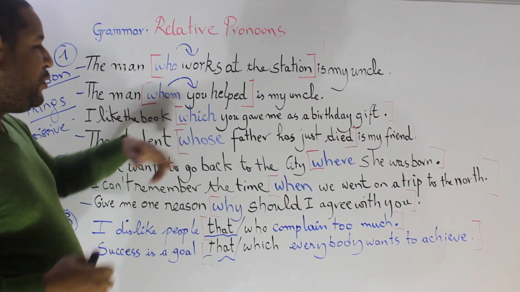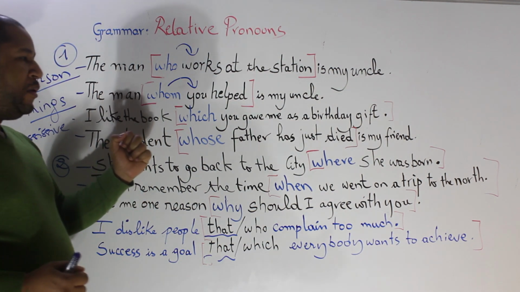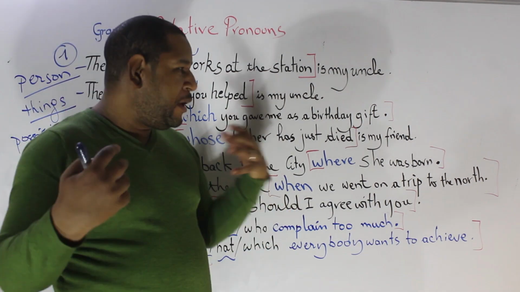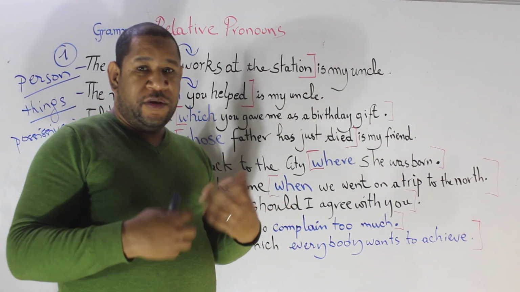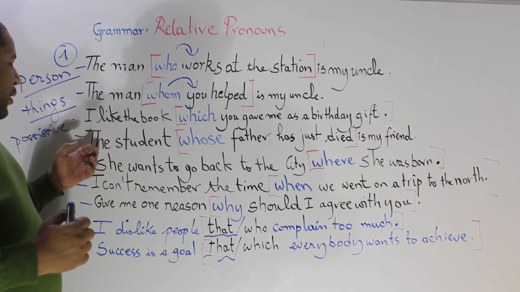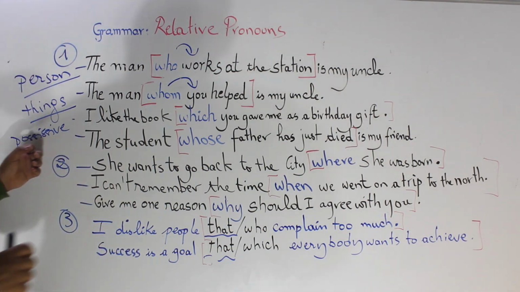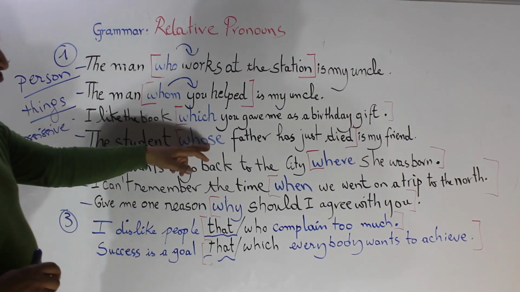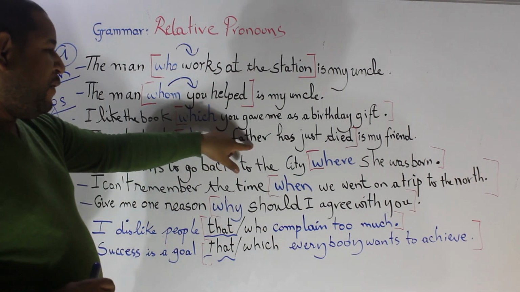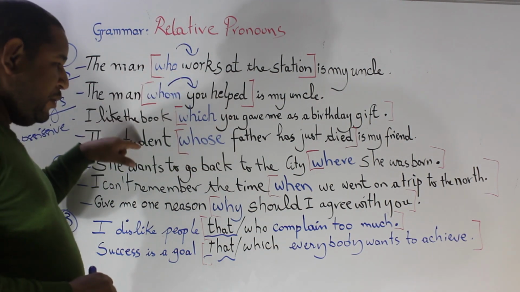Then we have which, we use it with things. So look, I like the book which you gave me as a birthday gift. I like the book. Okay, good. The student whose father, that's possessive. So we say that's possessive when we have whose. Father of the student, the father of the student.